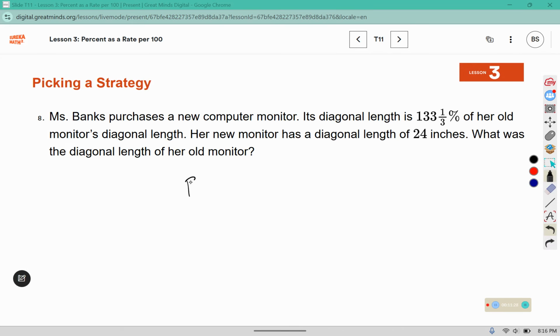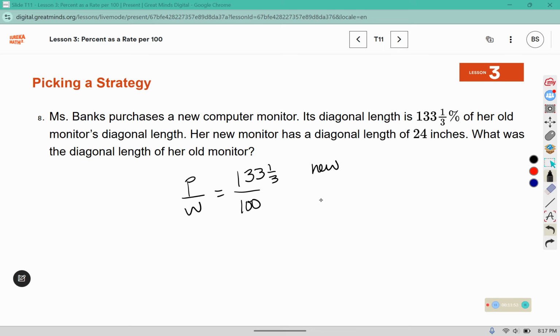Mrs. Banks purchases a new computer monitor. Its diagonal length is 133 1/3% of her old monitor length. And that is the new monitor.